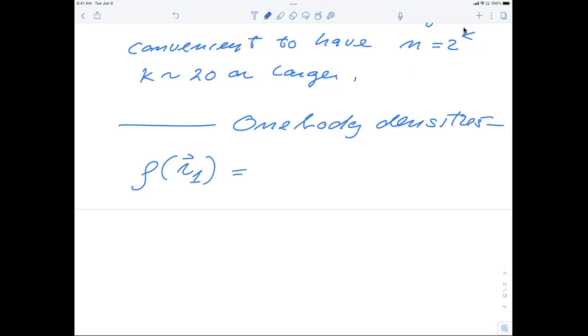And formally, this is now given by the integral of d tau, or let's write this as an r instead of tau. Now let me just do that. Let me write it in a different way. So this is given by an integral over all the particles, except for the particle you're looking at, d3r up to dr of n.